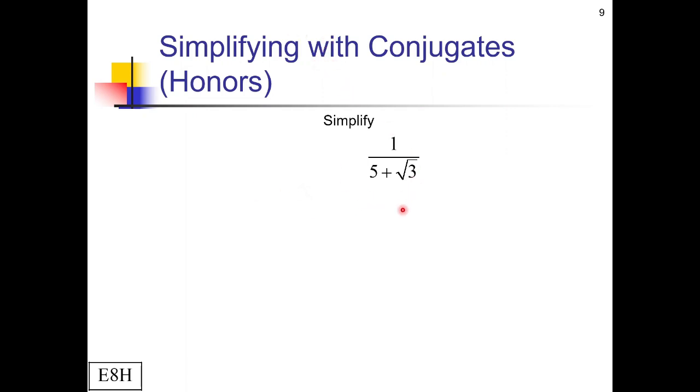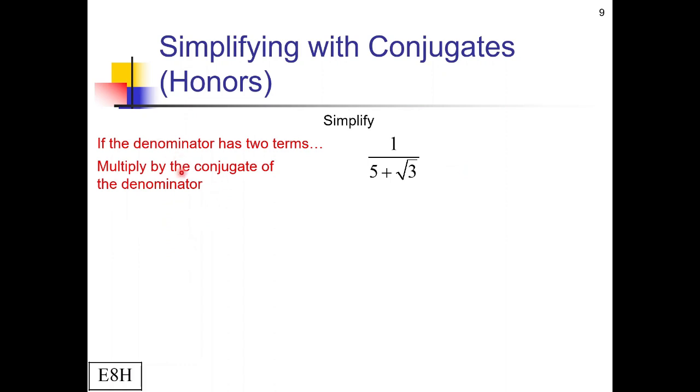And this is a very helpful trick if your denominator has 2 terms, at least one of which is a radical. This works just fine if they're both radicals as well, but at least one of them is a radical. So in this situation, we would multiply the numerator and the denominator not by radical 3, but we would multiply by the conjugate of the denominator.